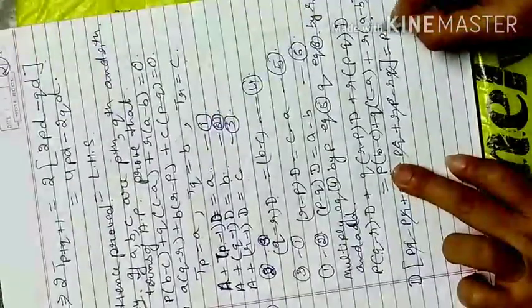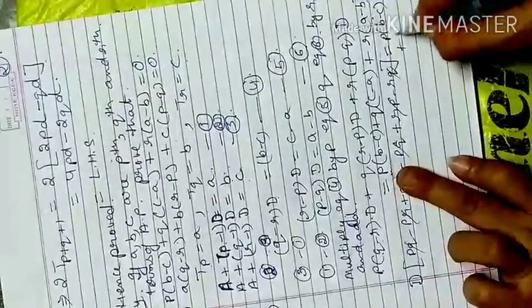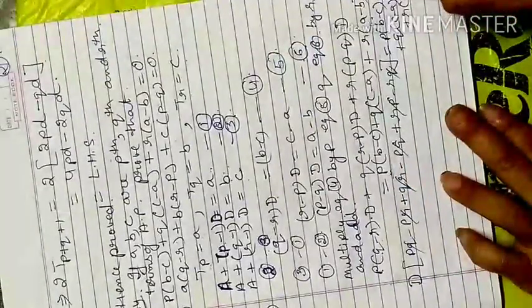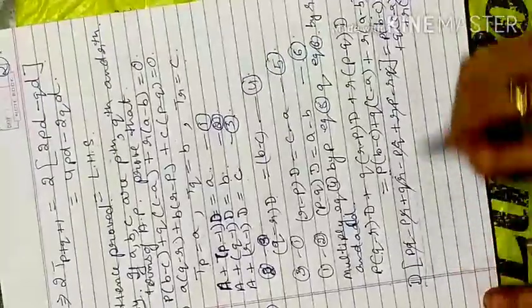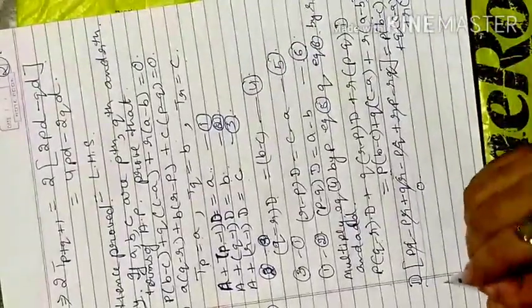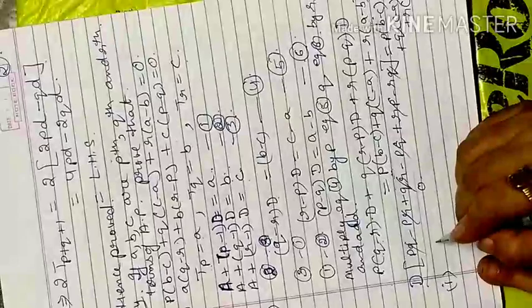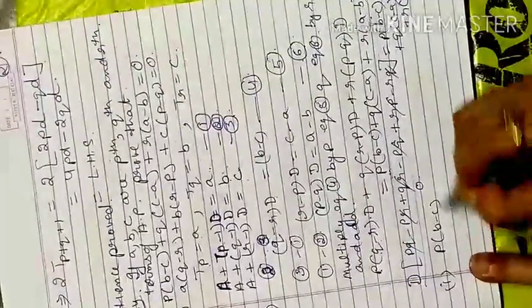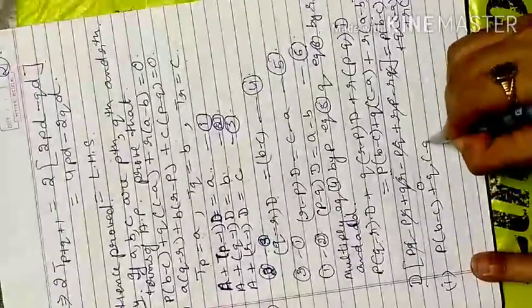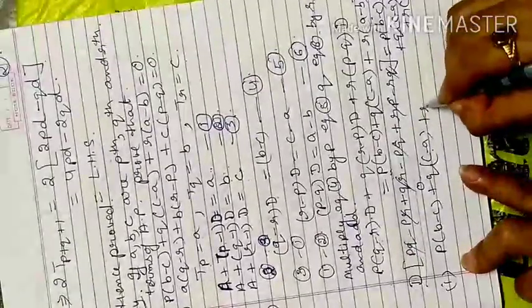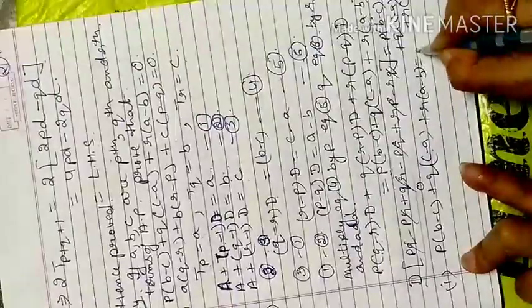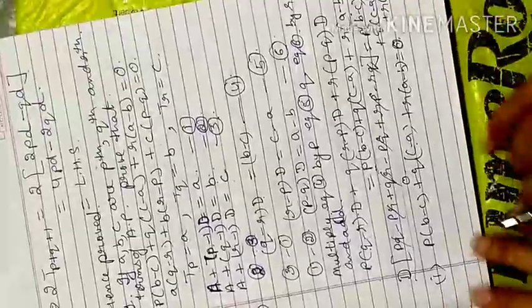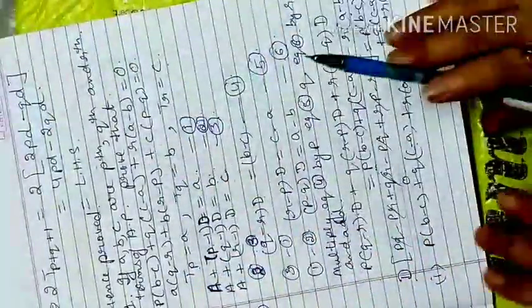Only the right side is left: p(b minus c) plus q(c minus a) plus r(a minus b). So this whole term becomes 0. Hence the first part is proved. That is what I wanted to prove, and I have to multiply according to the condition.